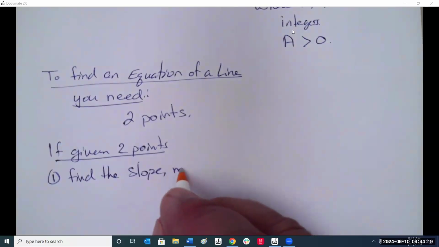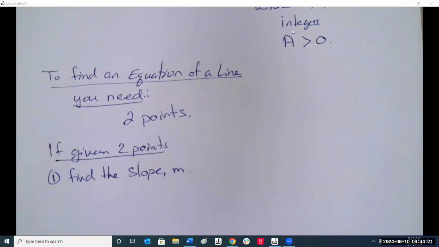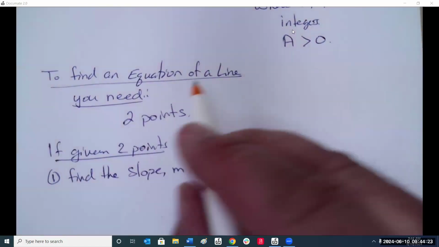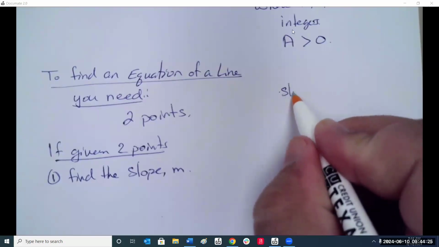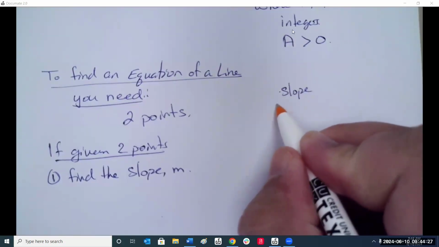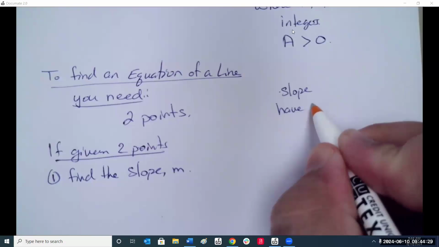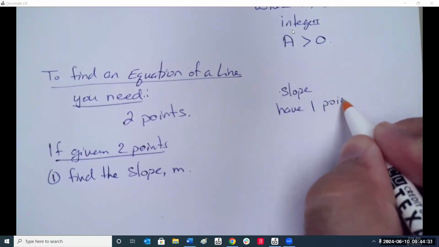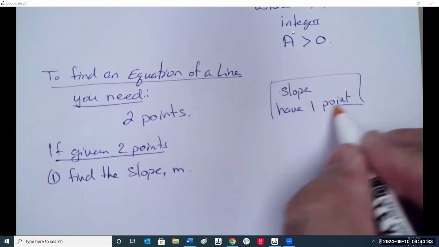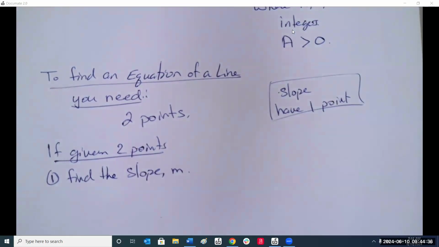Because it makes it easier if you know the slope and have 1 point. That's the information you need. Because if we have the slope and a point, then we can automatically start plugging in there and we're done.